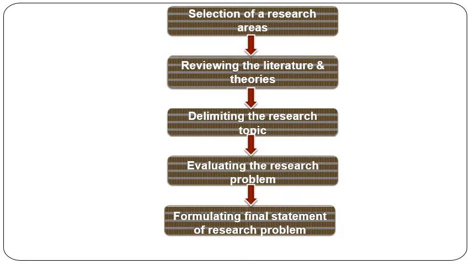And of course, a research area is very broad, so you have to narrow it down or delimit the research topic. The fourth step is evaluating the research problem. And lastly, after getting all the information from the previous steps, you are ready to formulate the final statement of the research problem. We shall discuss a little bit more thoroughly in the following slides.